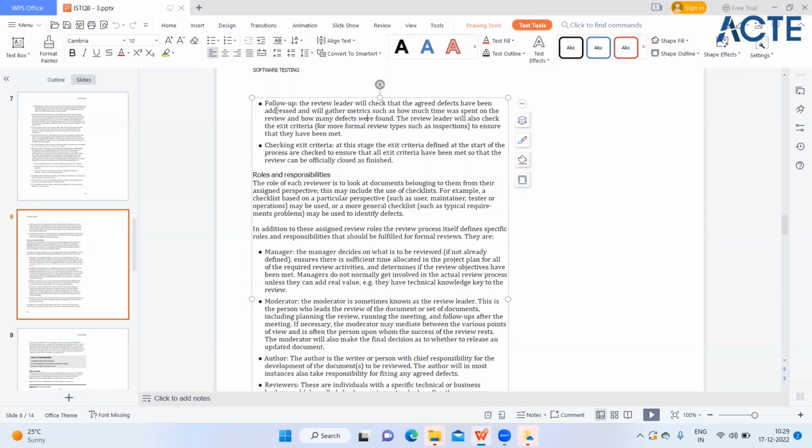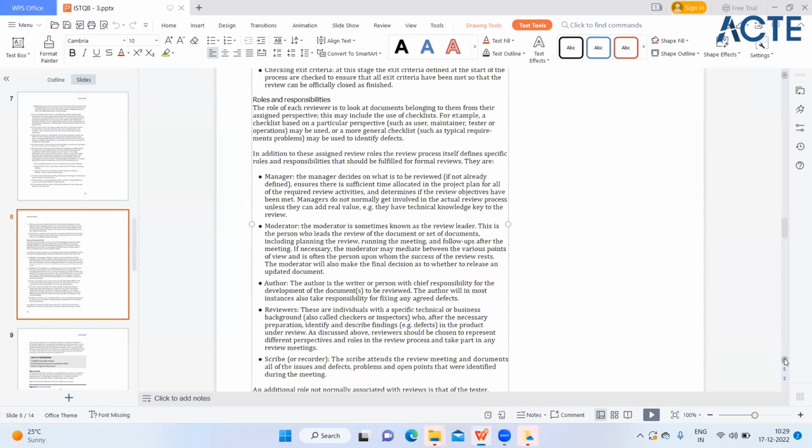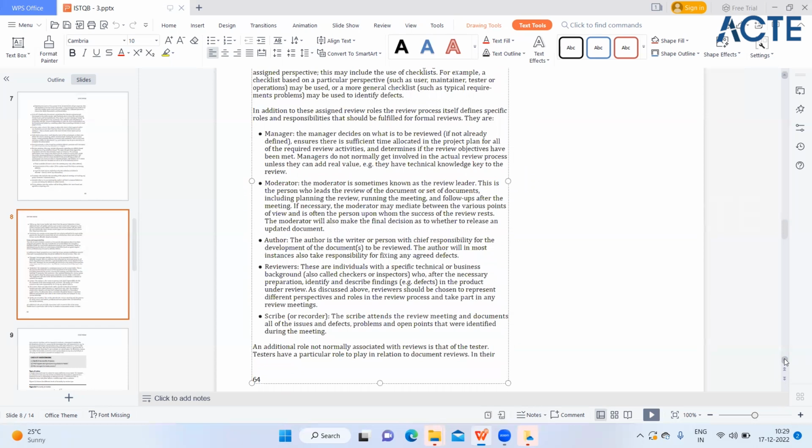We have learned this now: follow up meeting. The follow up will always be done by this review leader or moderator. This is the person who leads the review of the document or set of documents, including planning the review, running the meeting, and follow ups after the meeting. If necessary, the moderator may mediate between the various points of view and is often the person upon whom the success of the review rests.